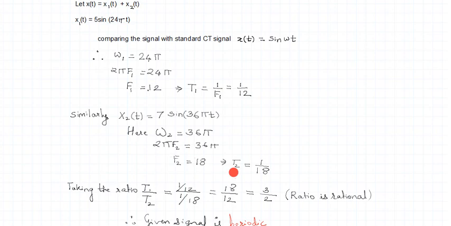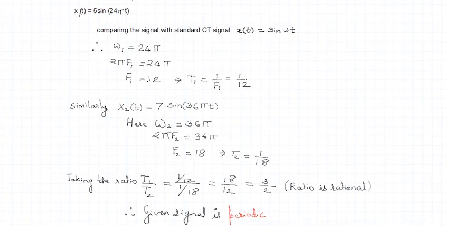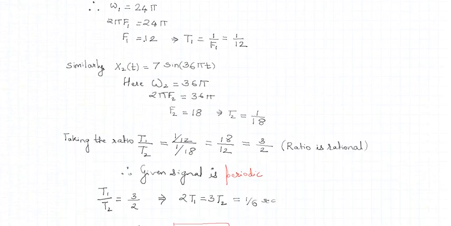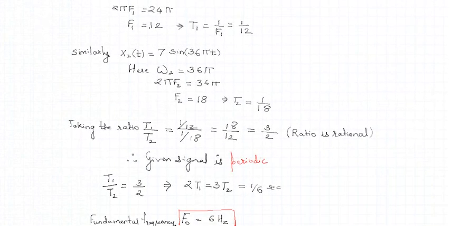Now we have T1, we have T2. What is expected now is to take the ratio of T1 by T2. When we substitute T1 and T2, we get the value of T1 by T2 to be 3 by 2.